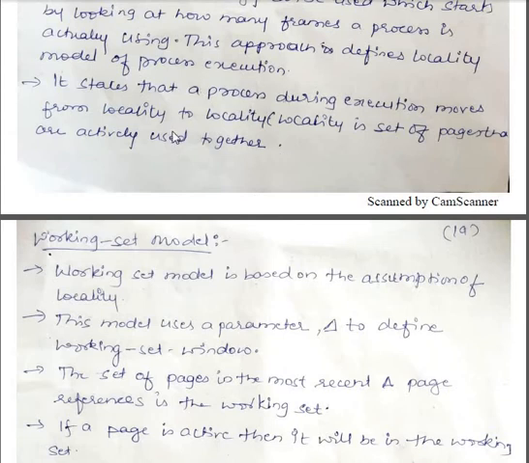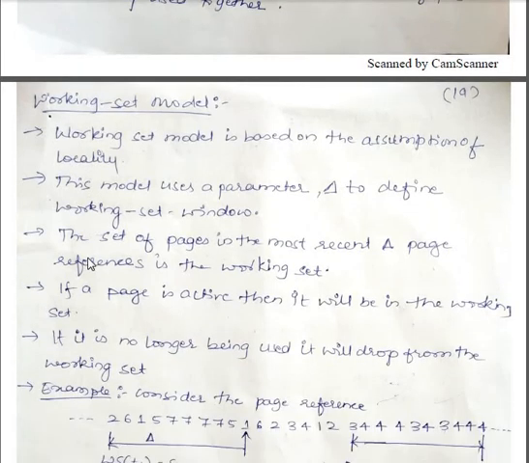By using this theory, we can set up a working set model. This working set model will define the total number of active pages at the moment. So when we get the active pages, we can give the number of frames to that particular process depending on them. And this is represented by a parameter called delta.